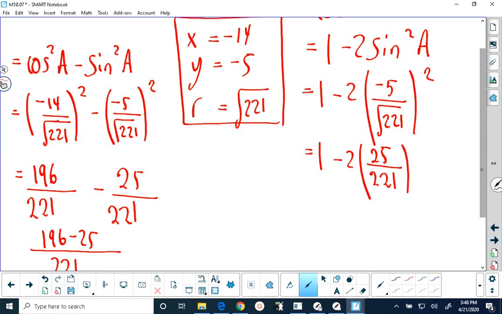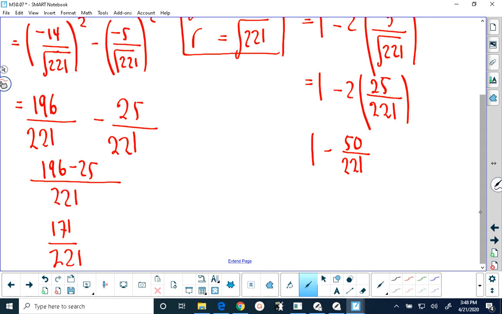When I take 2 times 25 over 221, I get 50 over 221. And I won't bore you with the details here, but you could either find a common denominator or use your calculator. What this is going to equal is 171 over 221. And if you use the third version of the double angle identity for cosine, which is cos of 2 theta equals 2 sine squared theta minus 1, you would still get 171 over 221.